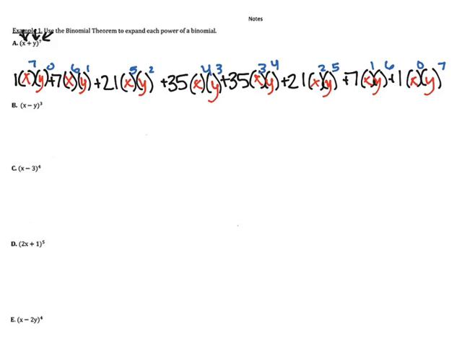All right, and then from here you just do some math. So y to the 0 is just 1, and 1 times 1 is just 1, and so you really only have x to the 7th for that first term.